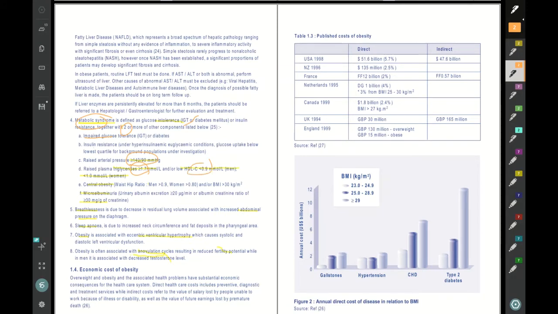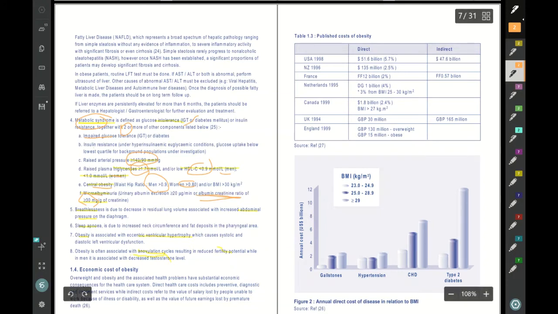This one is for men and this is for women. And then when they have central obesity of 0.9, and for women 0.8, and also microalbuminuria of more than 30 milligram per gram, the albumin creatinine ratio of more than 30, okay?